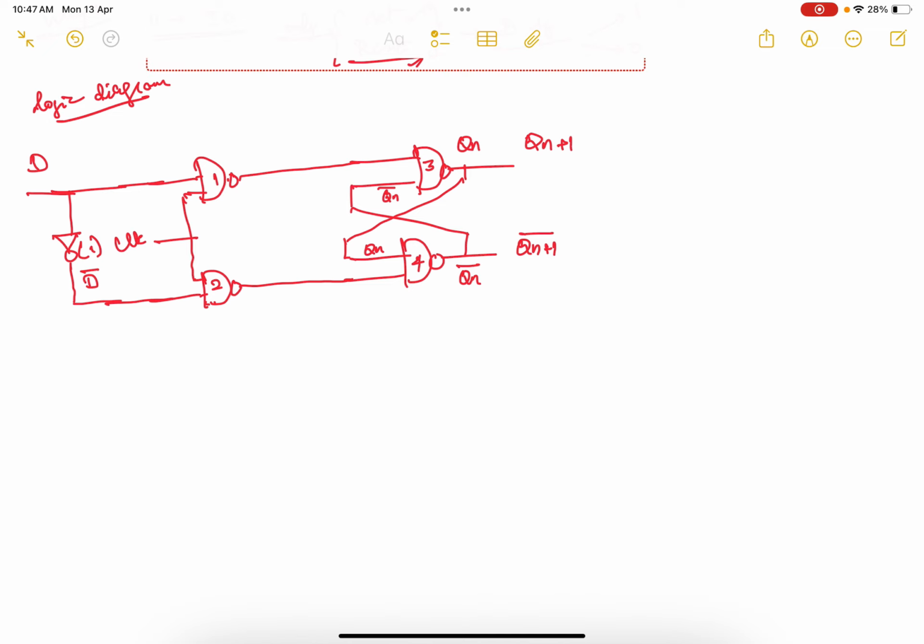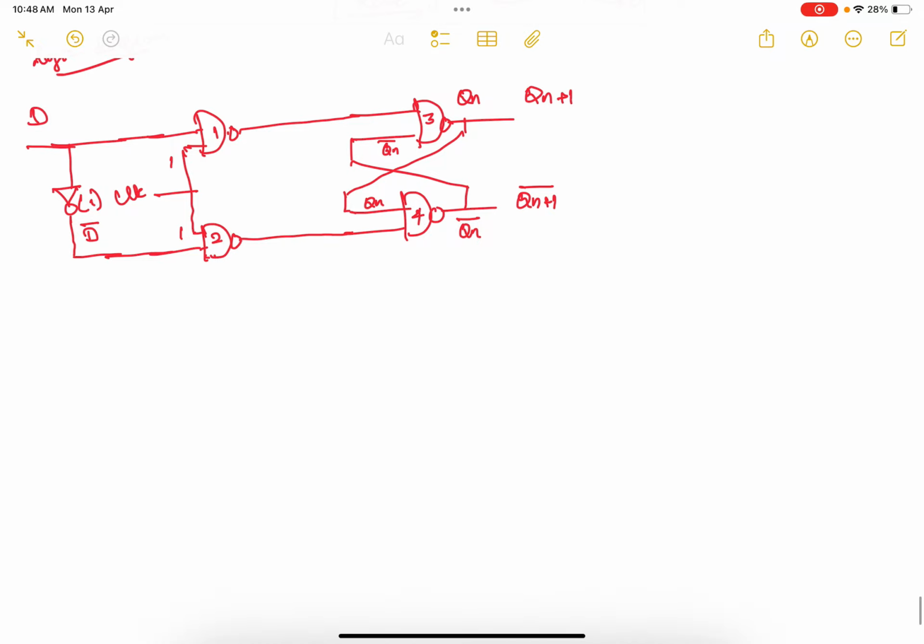One input for NAND gate 1 is D, and another input for NAND gate 2 is D bar. The other input for NAND gate 1 is the clock, which is 1, and the other input for the bottom NAND gate 2 is also 1. Based on the output coming out from gate 1 and gate 2, your Qn plus 1 is going to depend.